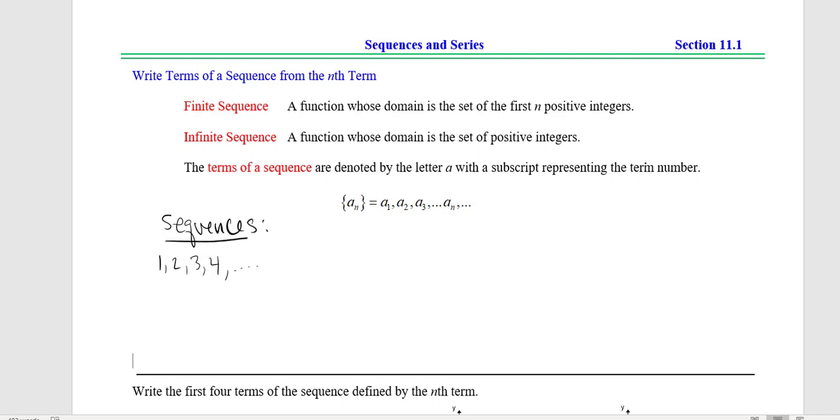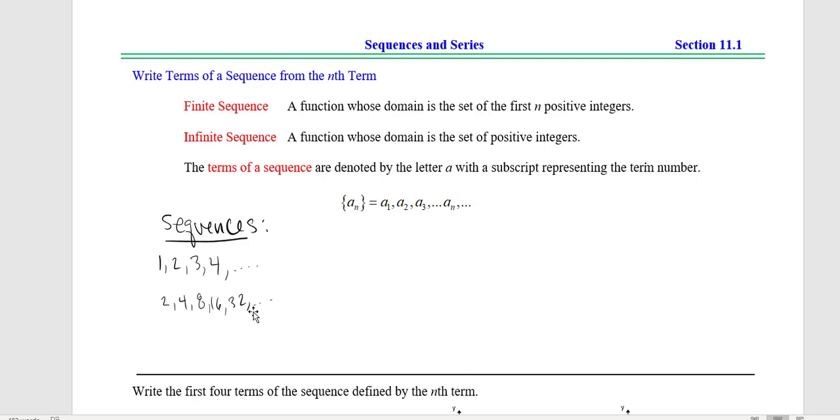Or maybe 2, 4, 8, 16, 32, and so on. So a sequence can be thought of as a list of numbers in a very specific order. 1, then 2, then 3, then 4, 2, then 4, then 8, then 16, and so on.